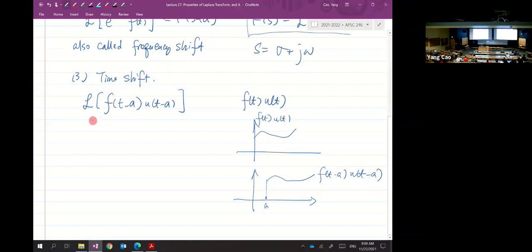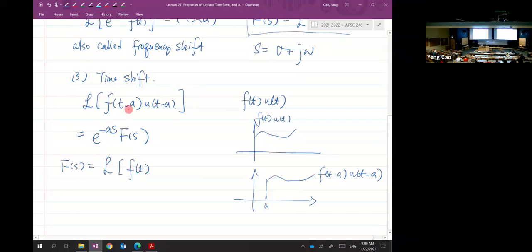And for this property, I'm not going to provide a proof anymore. For this property, it gives you e to the power negative as multiplied by capital F of s. Capital F of s, again, is the Laplace transform of this original function f of t times u of t.